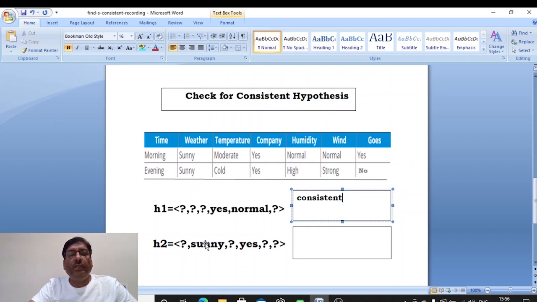Now try to do this with the second one. H2: question mark, sunny, question mark, yes, question mark, question mark.